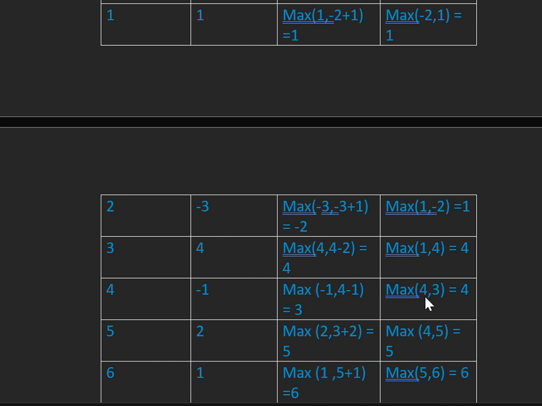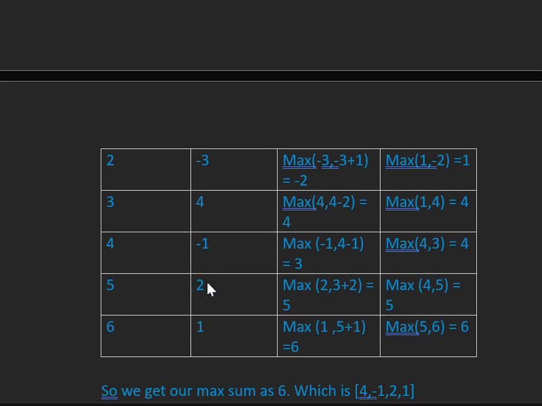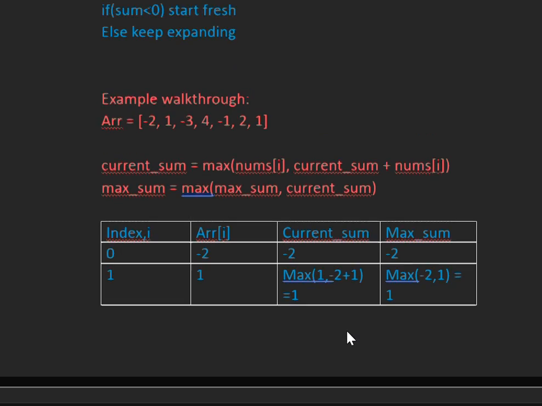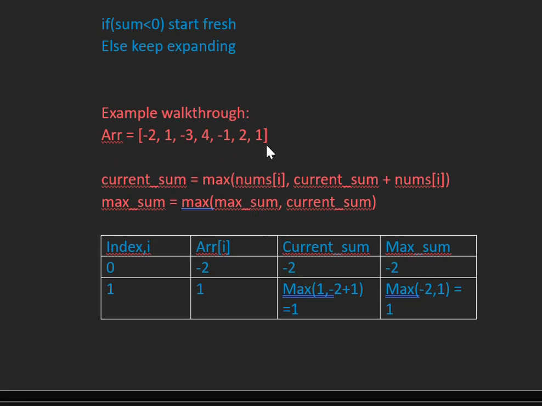Our previous max sum was 4 and the current sum is 3, so the maximum is 4. Then we move to the next point. Here we have 2, so the current sum was 3, plus the current number 2, is 5. So the max is 5. This way we do it for the whole array, and at the end we get our max sum as 6.